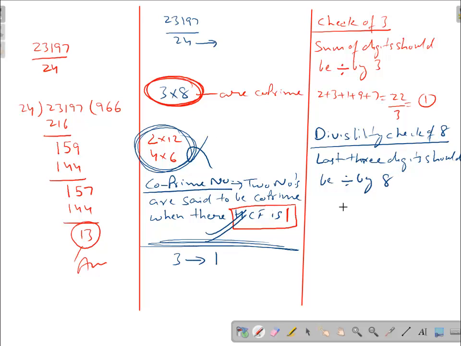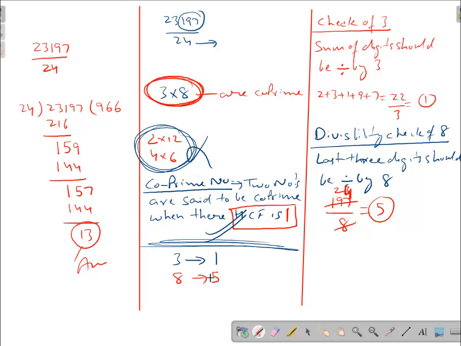Now, what are the last 3 digits of this number? 197. Now when you divide 197 by 8, 8 into 24 is 192, remainder will be 5. Now dividing the number by 3, remainder is 1, and when we divide it by 8, remainder will be 5.